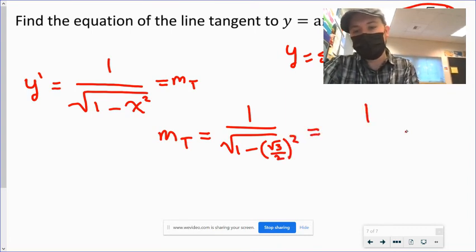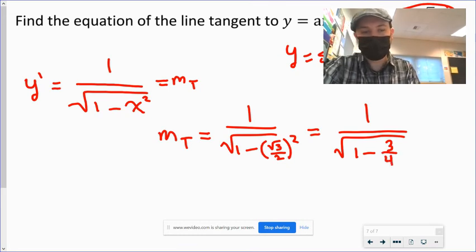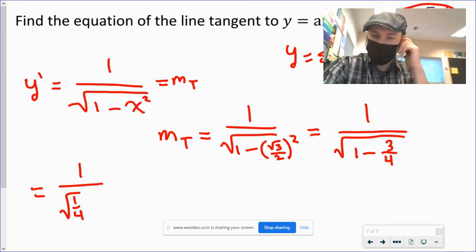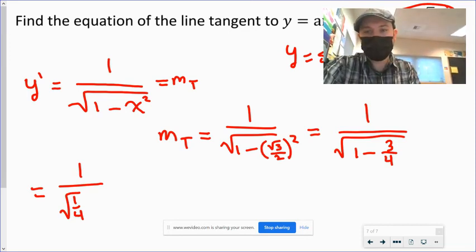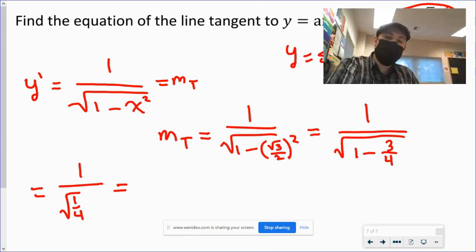Then we get 1 over the square root of 1 minus 3 over 4. So 1 minus 3/4 is 1/4. So I get 1 over the square root of 1/4. And this ends up being 2. But what I'm curious is, should we be considering plus or minus 2?